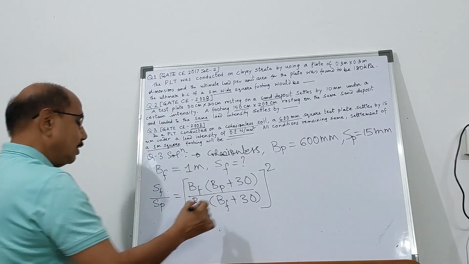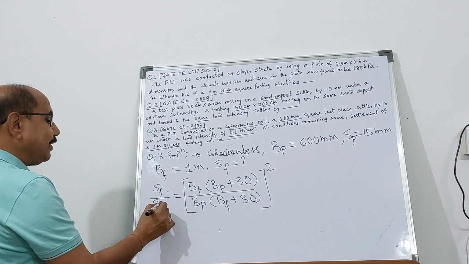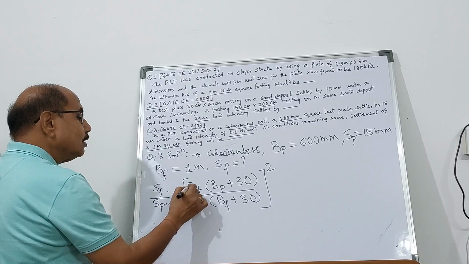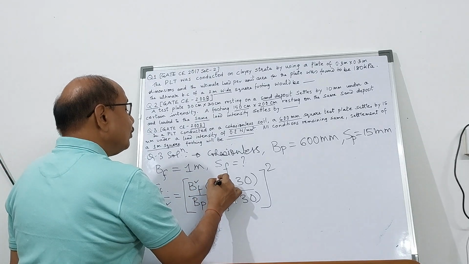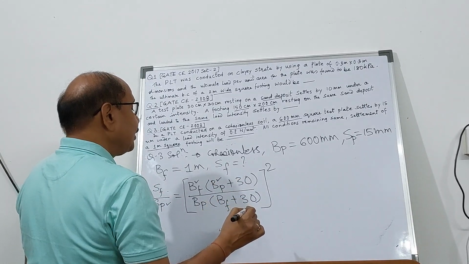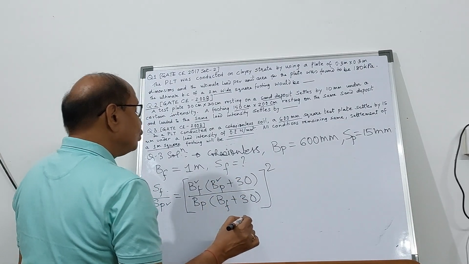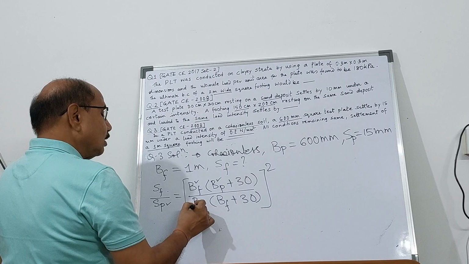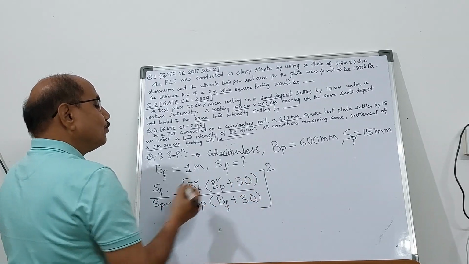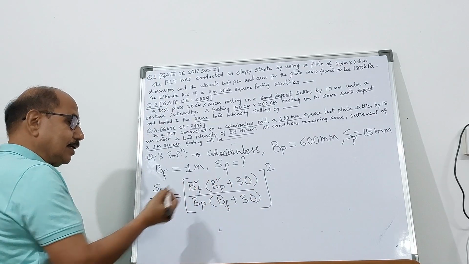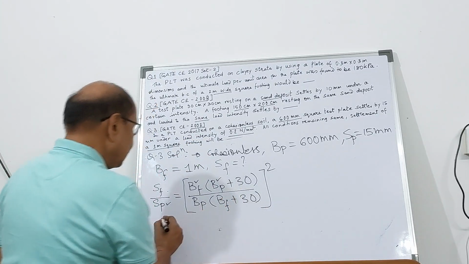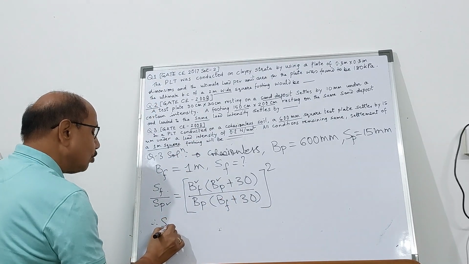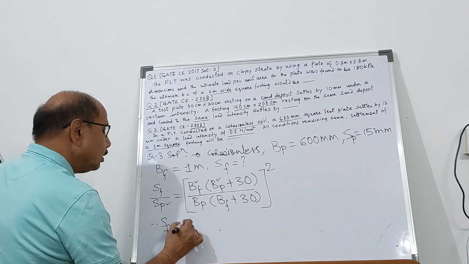Using this relationship, SP is already known to us. Width of the footing, 1 meter, is known to us. Width of the plate, 60 centimeter, is known to us. All required information is given in the question. Therefore, we can easily find out the settlement of the footing.